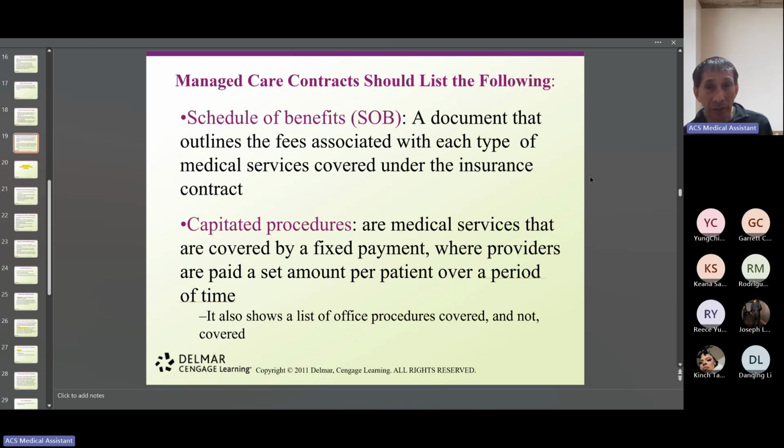This is not a medical requirement. This is not a medical necessity. So there are some services that I'm going to be covered for under certain plans, others are not. That's what we call schedule of benefits. So just keep it in mind.